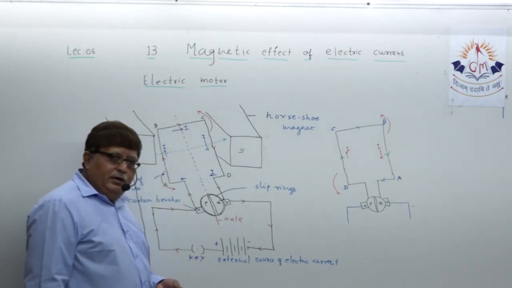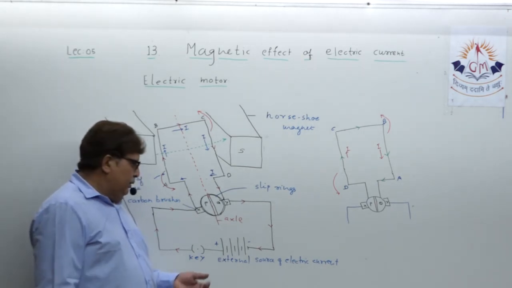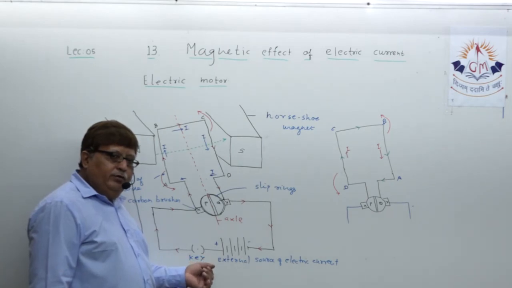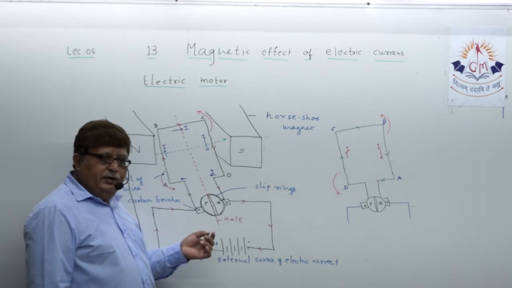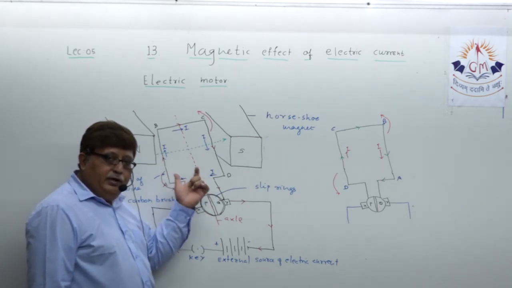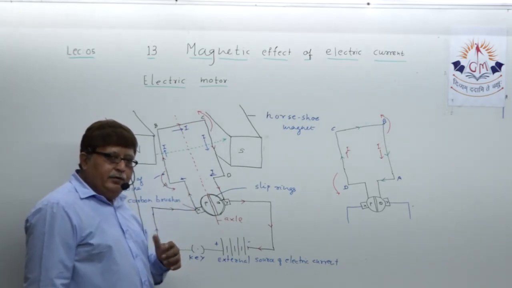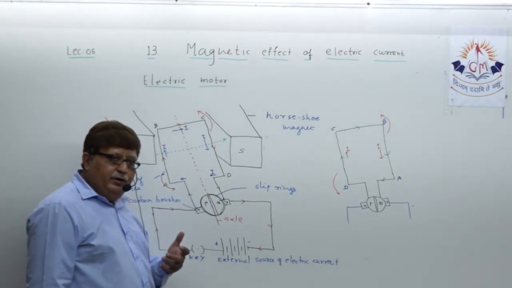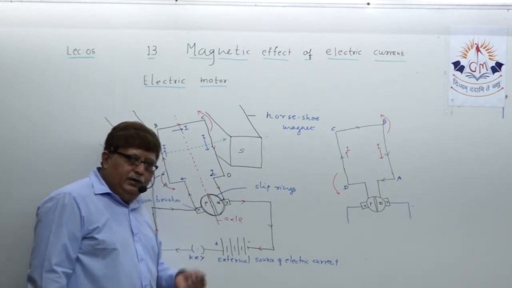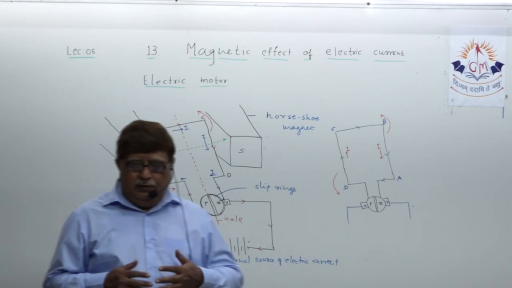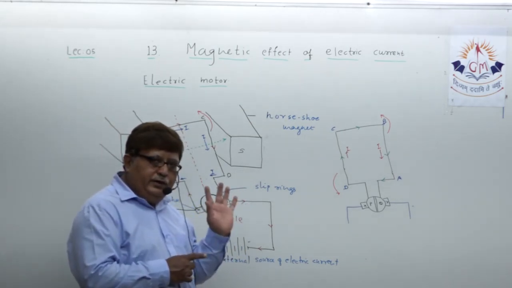The complete arrangement has been explained. Working: when we switch on, the electric current starts flowing in the circuit. Then you have to explain about the edges. Your narrative has to be that inside the coil of wire ABCD, two sides are going to be affected, AB and CD, where the direction of electric current is perpendicular to the magnetic field.